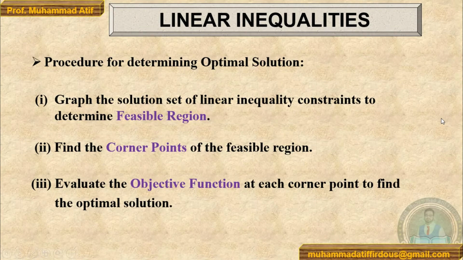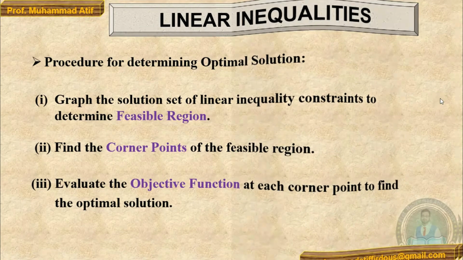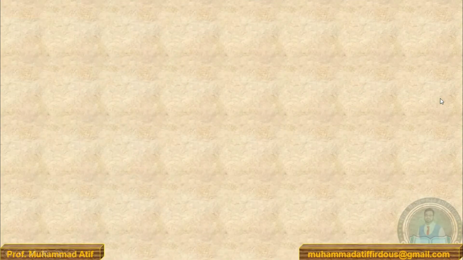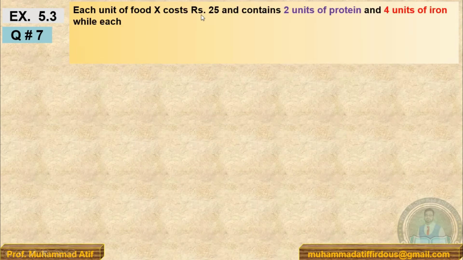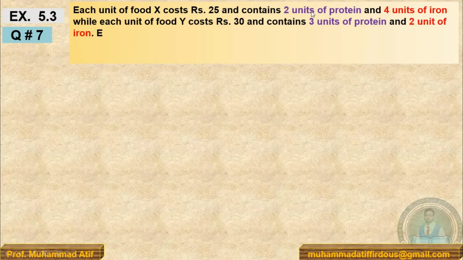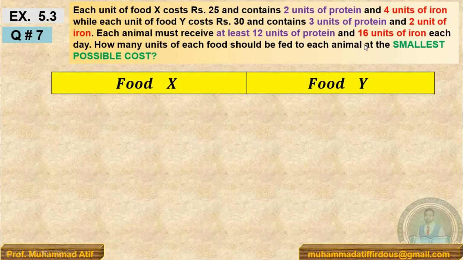Okay, so now we start our word problem and follow these 3 rules: feasible region, corner points, and objective function. First we have to convert this word problem into linear inequalities in order to find the optimal solution. The question: each unit of food x costs 25 rupees and contains 2 units of protein and 4 units of iron.